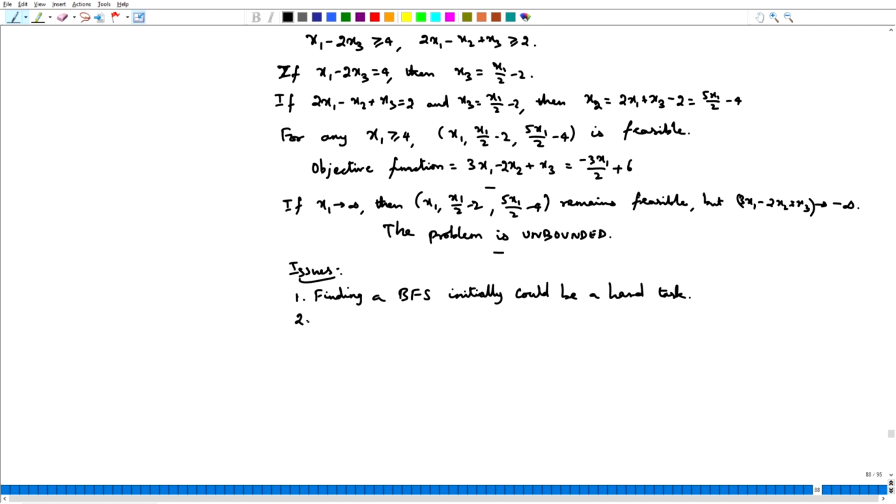Okay. Fine. So, there is one more issue which is possibly more exciting to know. Recall that we were saying about moving around vertices, right. So, let us say you start with a BFS. One way of finding the answer, without going through the simplex method, is to find all the vertices and compute the objective function at all the vertices, and choose the vertex that gives you the minimum, right.